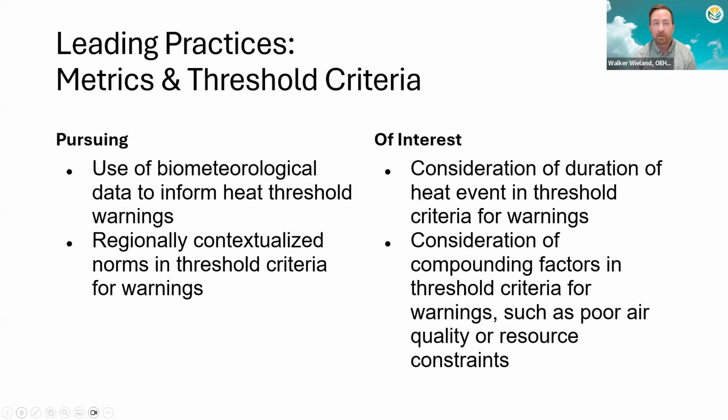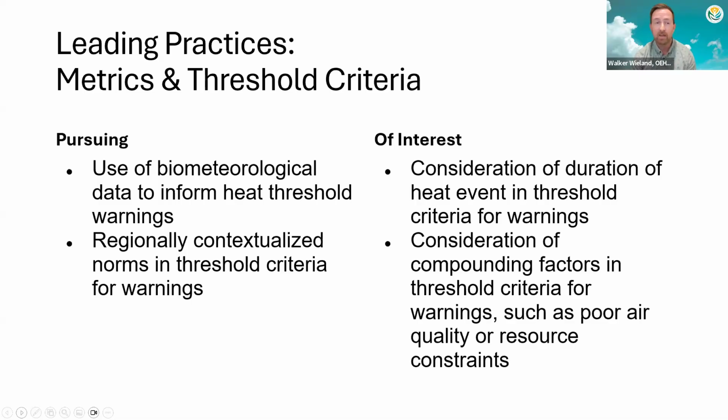So in the pursuing column, yeah, CalHeatScore does use this health data, this meteorological data to help inform heat threshold warnings. That's really an underpinning of CalHeatScore, is using the underlying community level health response to characterize extreme heat rankings.